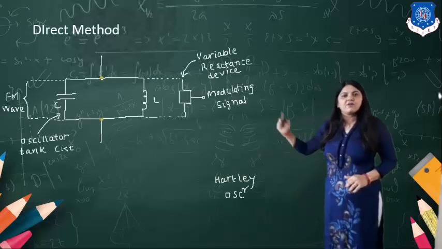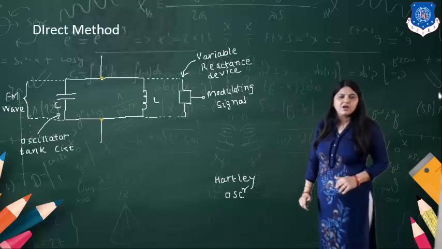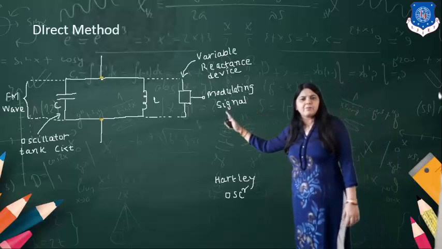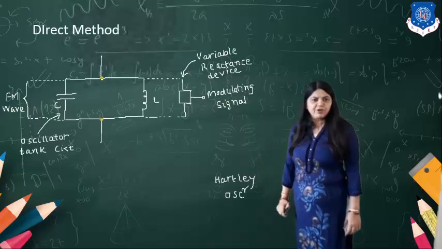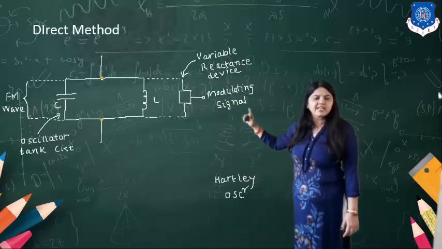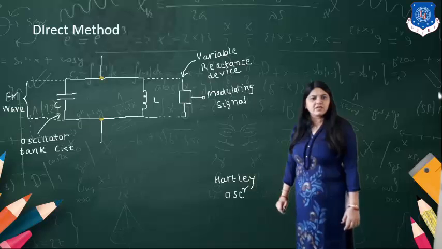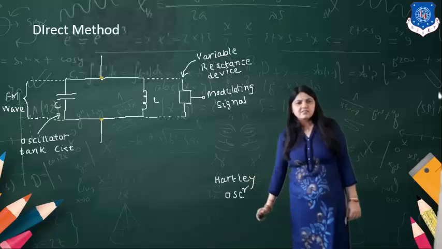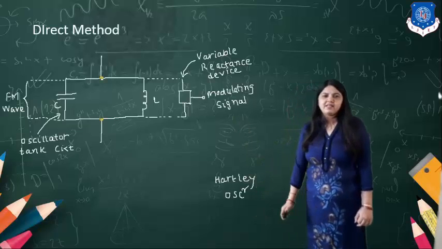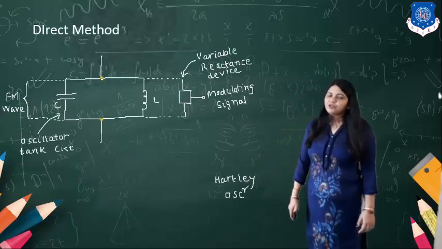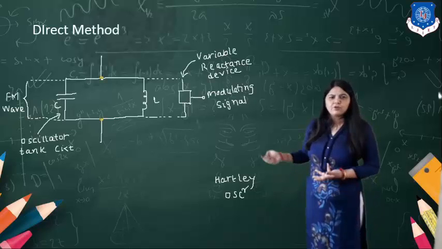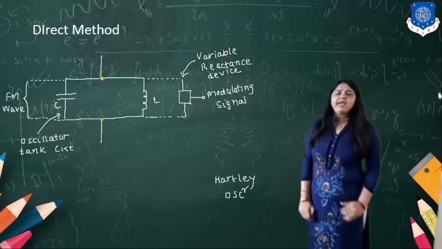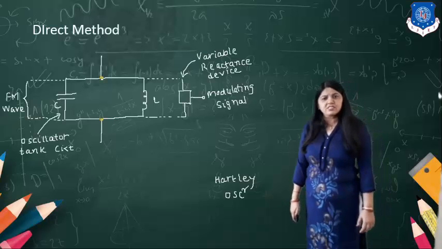Now here we have one of the diagrams, in which you can see the tuned circuit made up of L and C components. The output of this circuit is an FM wave, and the variable reactance device and the modulating signal are attached. Due to the change in this L and C, we get a change in the frequency.